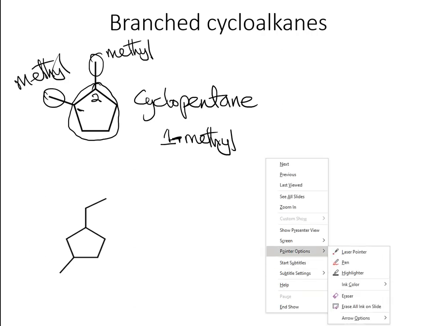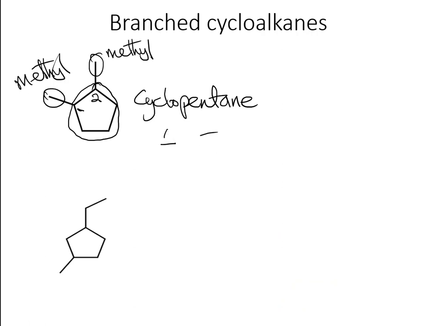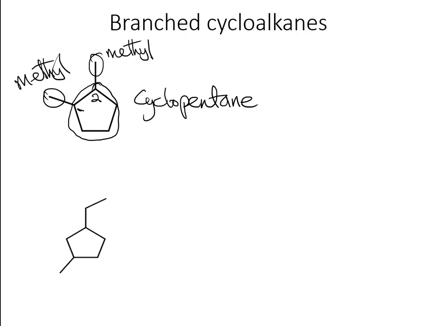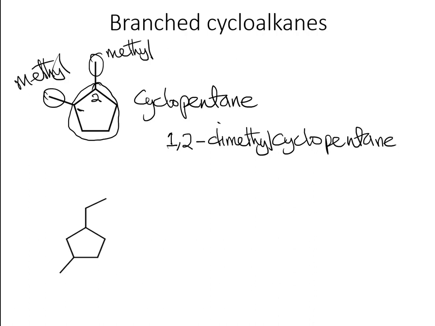Because we have two methyl branches, we are just going to say we have dimethyl. One branch is at 1 and the second branch is at 2. So it is 1,2-dimethylcyclopentane. So that's the name of this molecule.